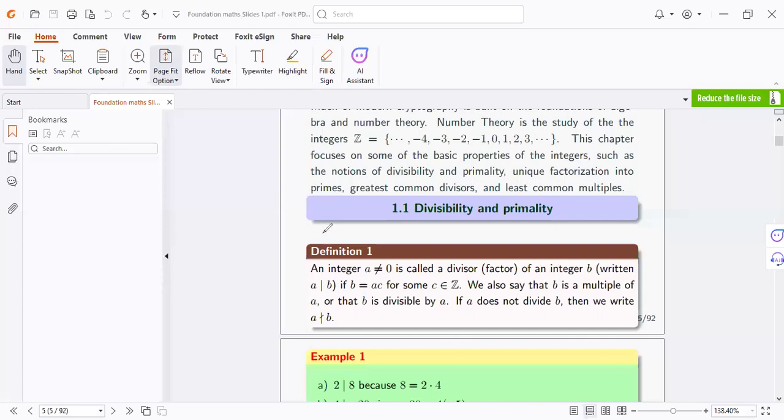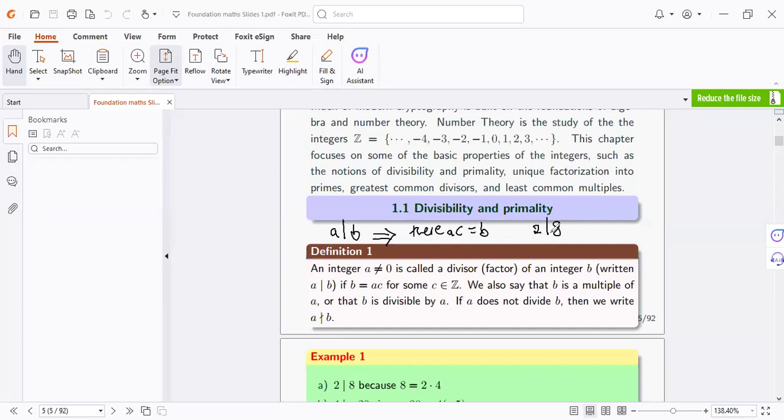If A divides B, then in mathematics, that implies, using this sign to mean implies, that you can get another number which, when multiplied by A, you get B. So there exists another number, let me call it C, such that C times A gives you B. That's what I mean by A divides B. For instance, I can say 2 divides 8.